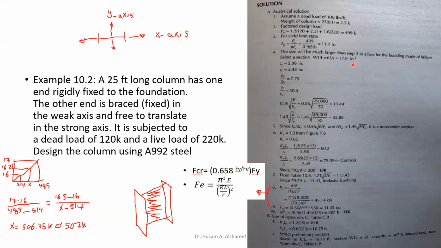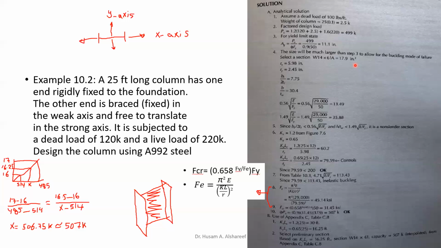So then if we go to page 435, actually, and the table, we find the W-shaped dimensions. The first column is the shape, the type of sections that we're supposed to select, and the second column is the gross area.